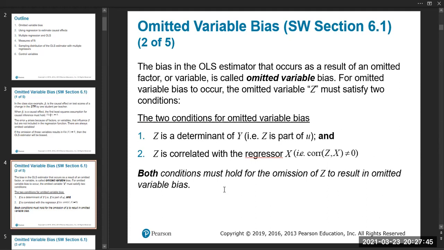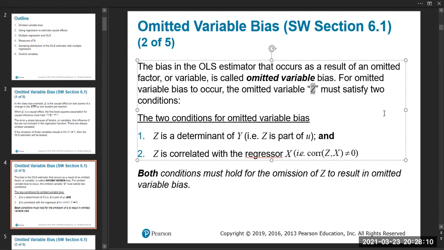Let's call these omitted variables Z. Z can be one variable or multiple variables; we just call it Z. If Z satisfies the following two conditions at the same time, then Z causes omitted variable bias.